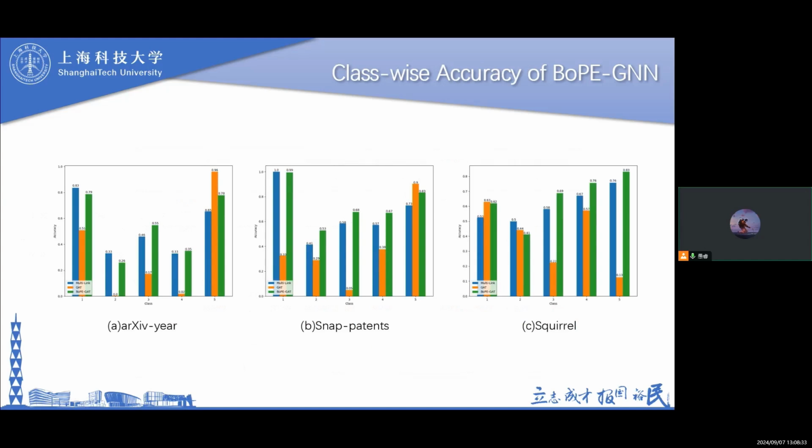We recorded the node classification accuracy for each class of BOP-GAT. The X-axis represents different classes of the datasets, and the Y-axis represents the test set node classification accuracy. We find that BOP-GAT can perform better than LINKX and GAT by combining their accuracy.